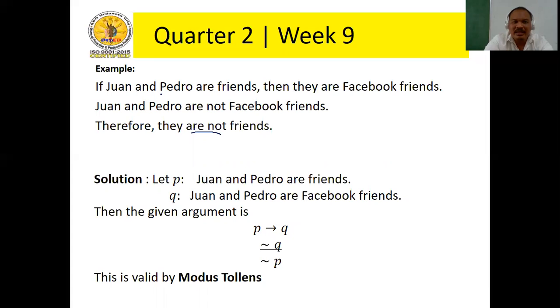So it will be your P, then Q. Not friends. So we have not Q because this will be our Facebook friends. Not Facebook friends is not Q. Therefore, this is valid by modus tollens, concluding not P.